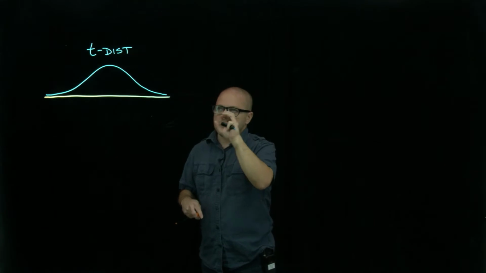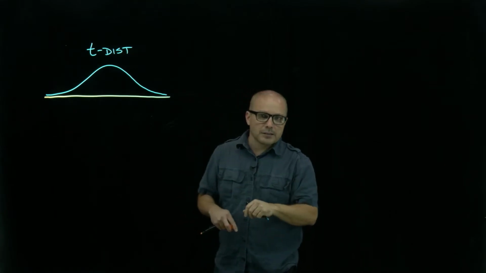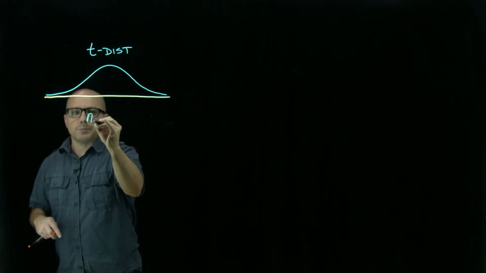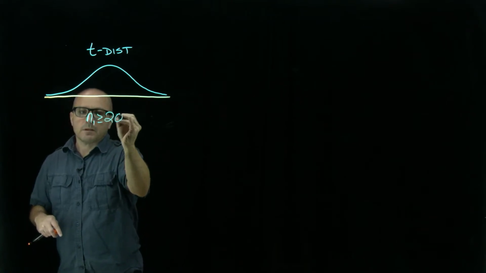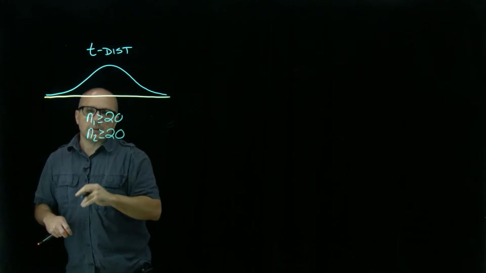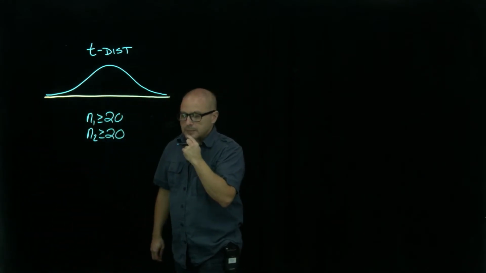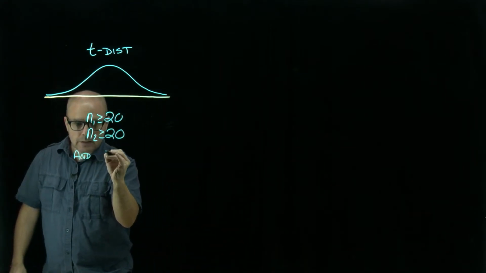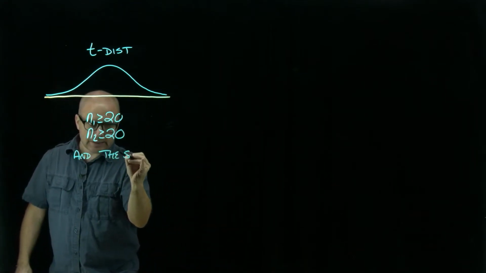So this t-distribution will nicely approximate our sampling distribution as long as from our two groups, our sample size is at least 20, and the samples aren't strongly skewed.